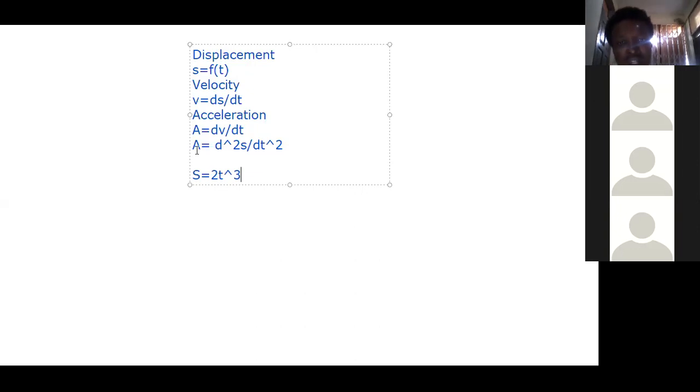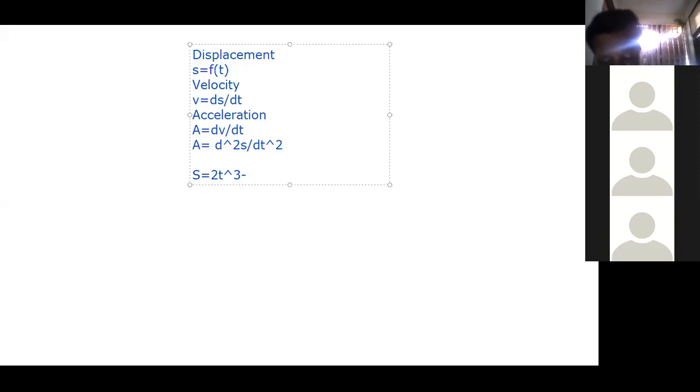When and where the particle is momentarily at rest. C, its acceleration after 2 seconds.